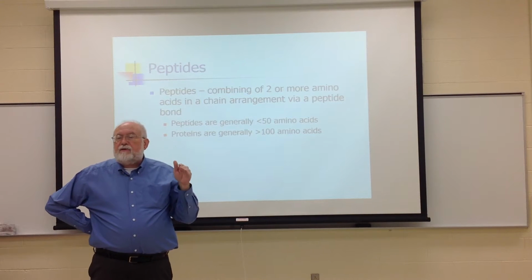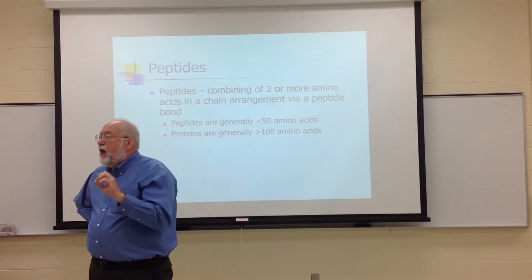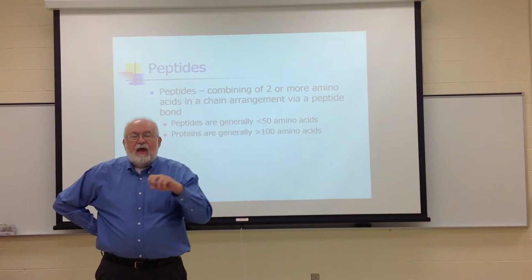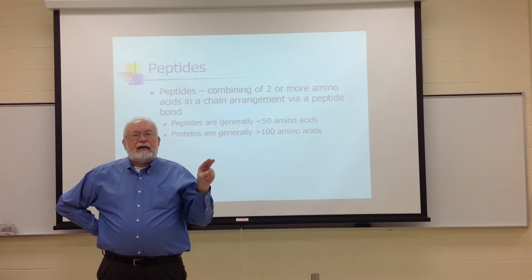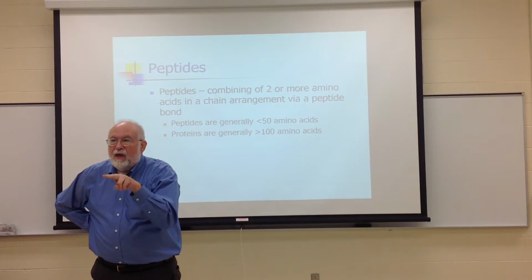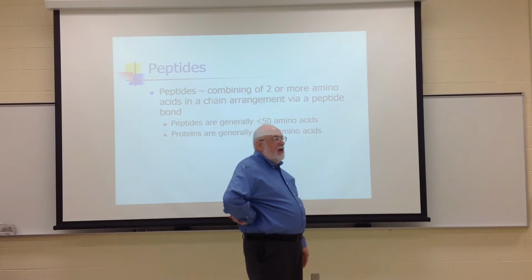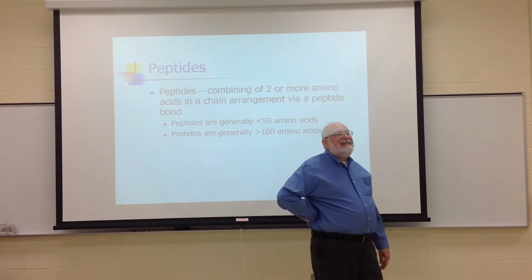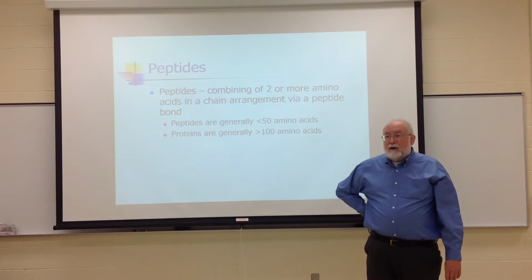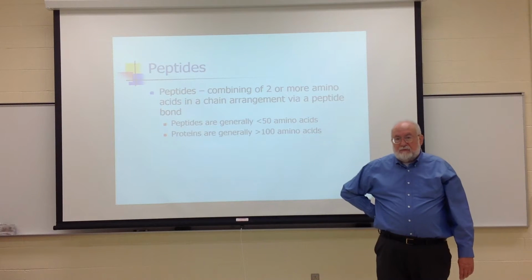When you put together monosaccharides, what did you have to take out in order to do it? Water. When you put together amino acids to form a peptide, what are you going to take out? Water. So peptide bond formation is also a dehydration synthesis, because you're removing water every time you stick on another amino acid.